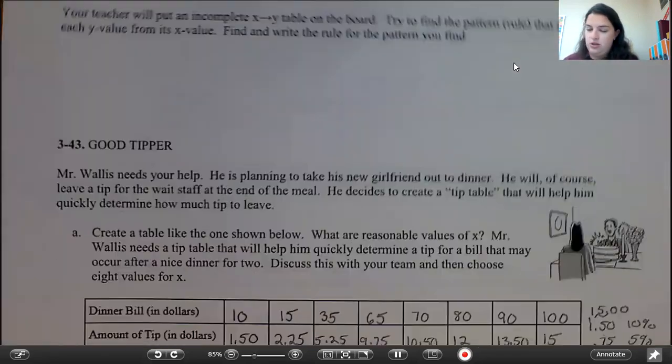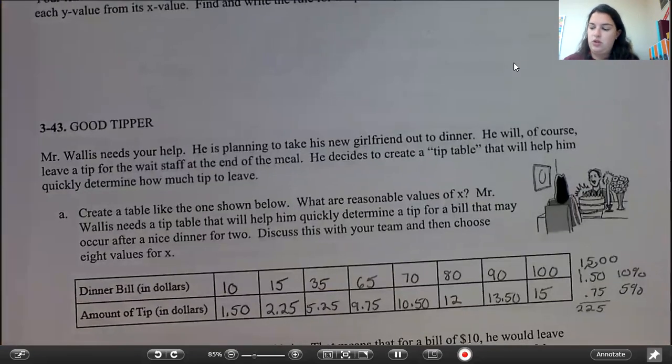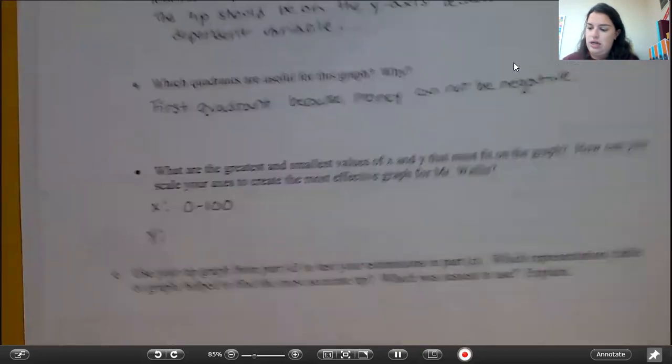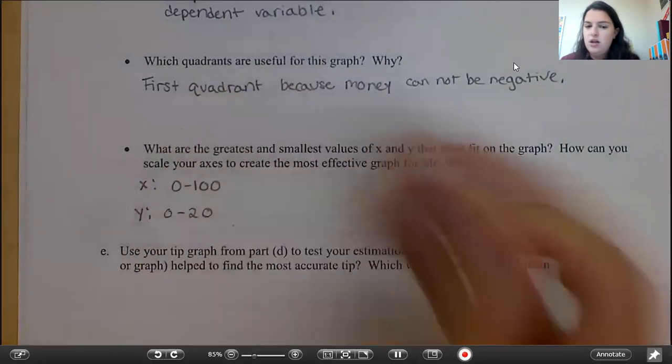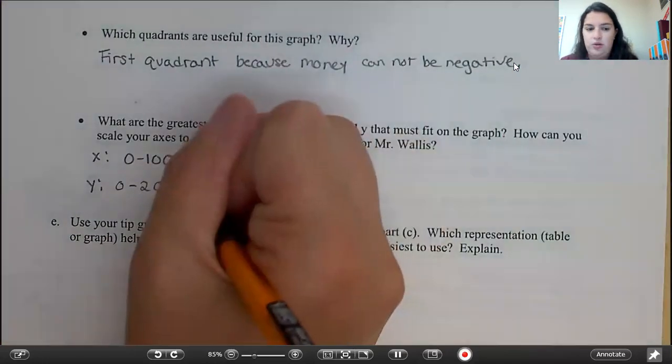So flip back to your table, not your graph. You know at $100, your tip is going to be 15. So we're going to create a nice graph by going 0 to 20. On my x-axis, we need to get all those in there.